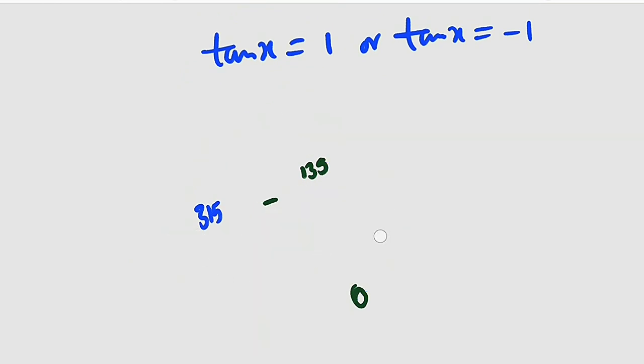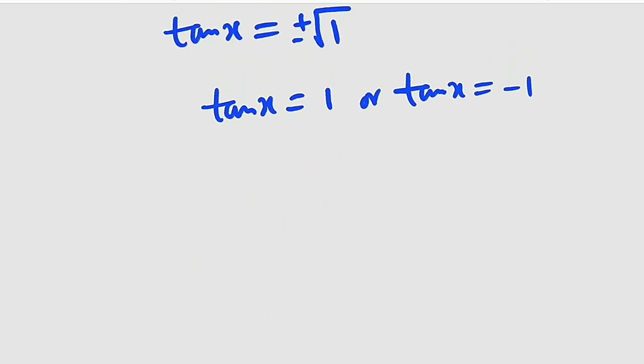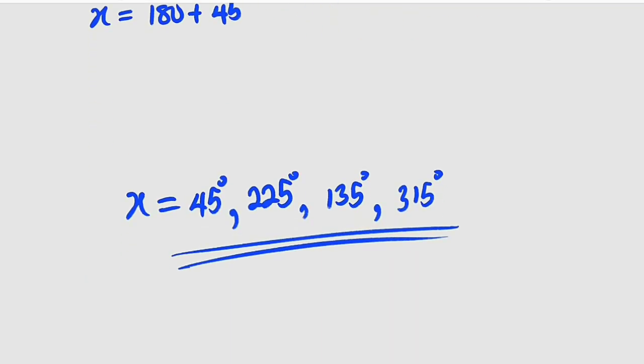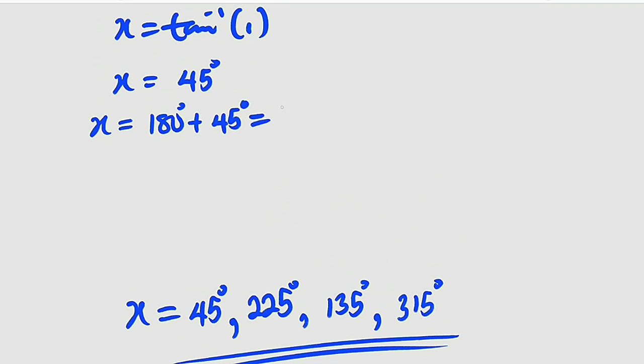But if you don't want to use unit circle, you should know that x equal to tan inverse of 1, and x will be equal to 45 degrees. But you should know that tangent is periodic in every given pi, therefore pi or 180 degrees. Therefore, the other value of x is equal to 180 degrees plus 45 degrees, which is going to give you 225.